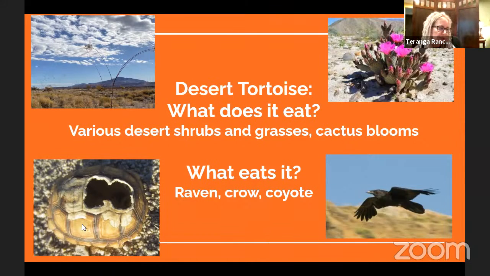This is a baby desert tortoise. And ravens in the desert have learned that the younger ones have shells that are not as strong, and they are actually making an impact on populations in the wild because they are eating the delicacy of baby desert tortoises. And they're smart, they teach each other.